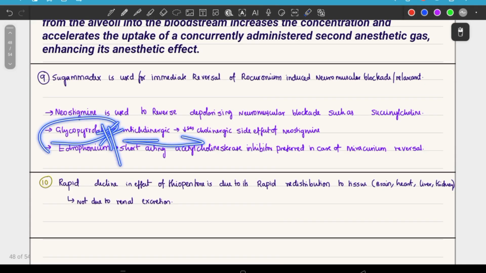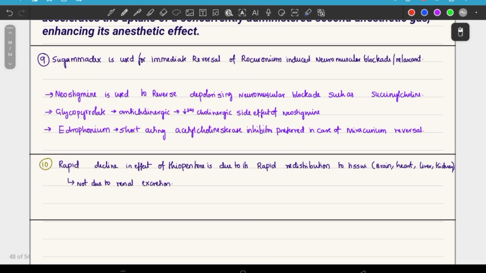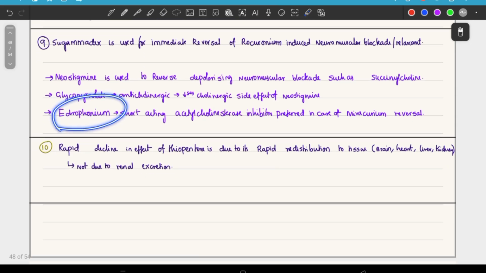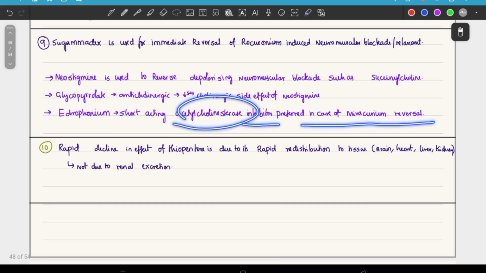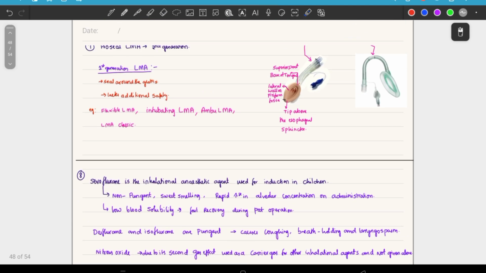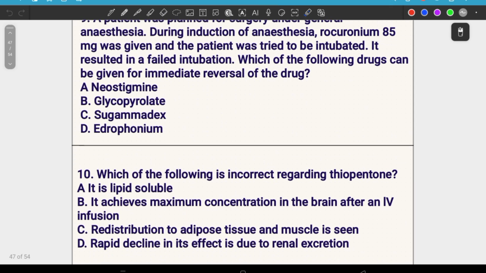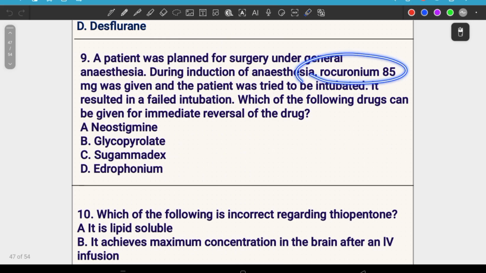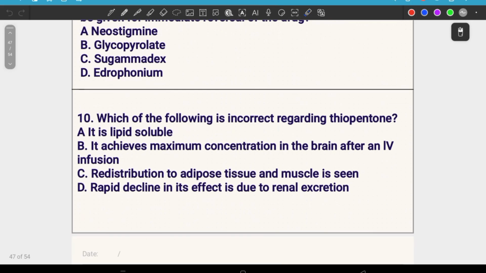It is an anticholinergic drug which decreases the cholinergic effect. Hence, it decreases the side effects of neostigmine. It is given to decrease the secretions. Edrophonium is a short-acting acetylcholinesterase inhibitor preferred in cases of mivacurium reversal. So Sugammadex is used to reverse the rocuronium.